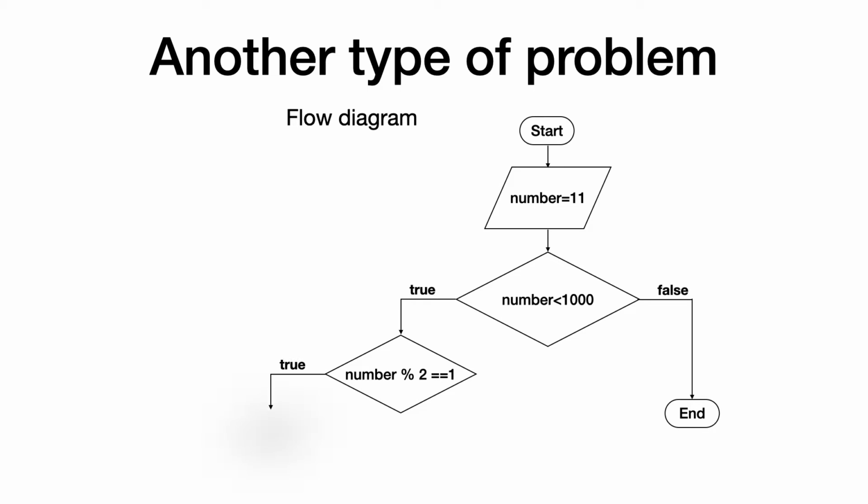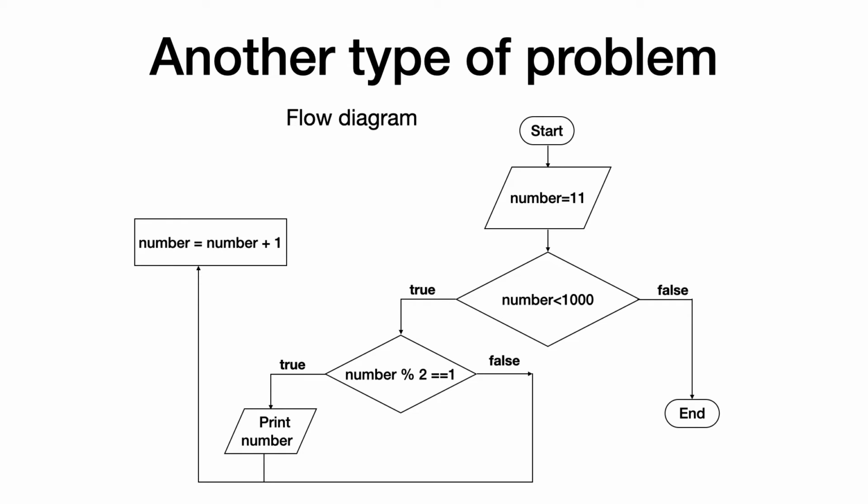If that condition is true, then we print the number, and we increase number by 1. After we increase the value of the variable number, we check again if the number is still less than 1000, and we repeat the whole process. As you can see, if it's true, we will repeat all the instructions to check whether the number is odd or not, but if it's false, then we just finish.